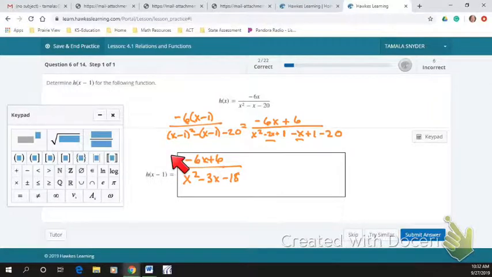Okay, now I'm a little worried that this may factor into something. What will it factor? In the numerator, I can factor a 6 out, right? I can, but then all my ink's going to disappear, so I'm going to go ahead and factor it. Negative 6 times x plus 1. Everybody good with that? And then my denominator factors to what? What will multiply to give me negative 18 and add to give me negative 3?